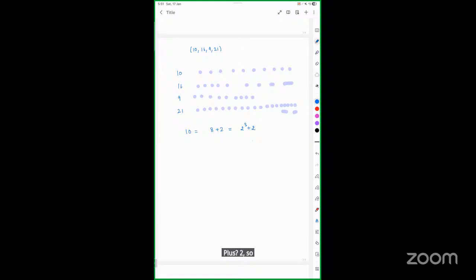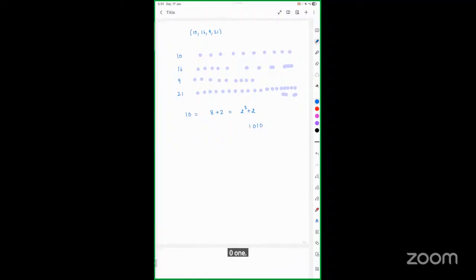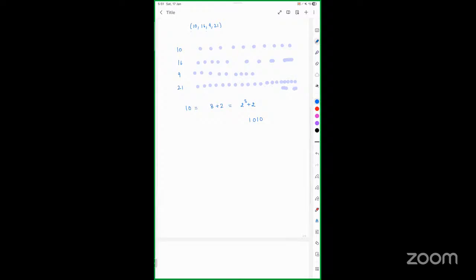In binary, that is 1 into 2 to the power 3, 0 into 2 squared, plus 1 into 2, plus 0 into 2 to the power 0.